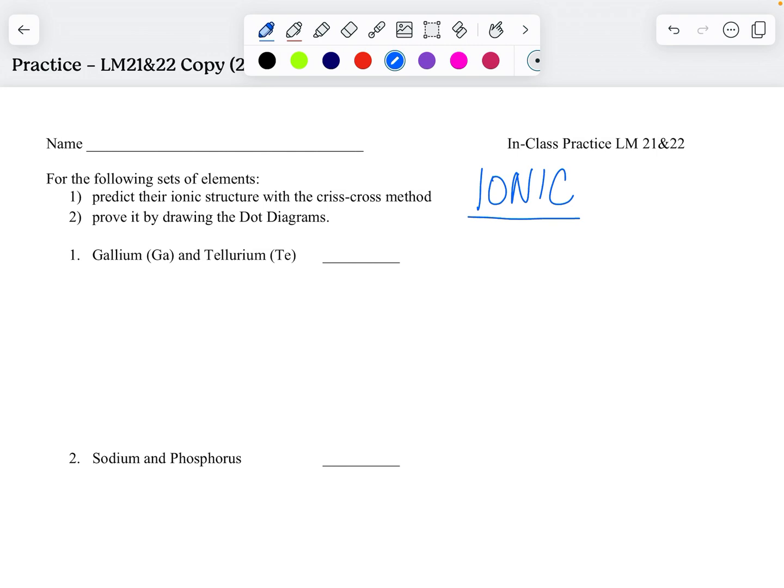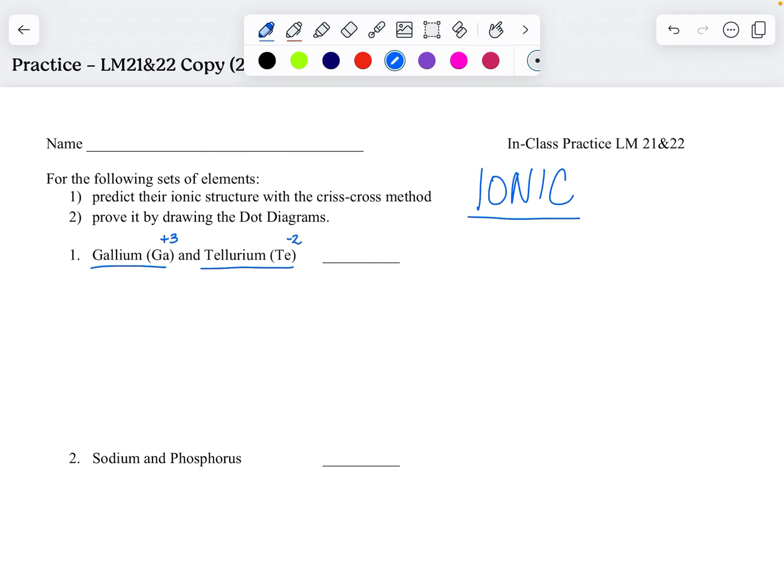So to do step 1, the crisscross method, I need to locate these two elements on the periodic table and get their ion charges. So put your eyes on these two elements, and based on their column in the periodic table, you can predict their charge. Gallium is going to be a +3, and tellurium is going to be a -2.